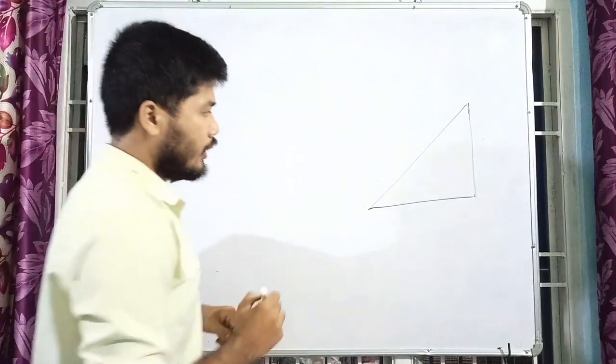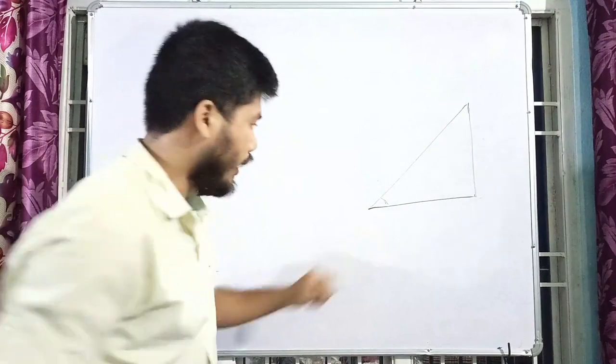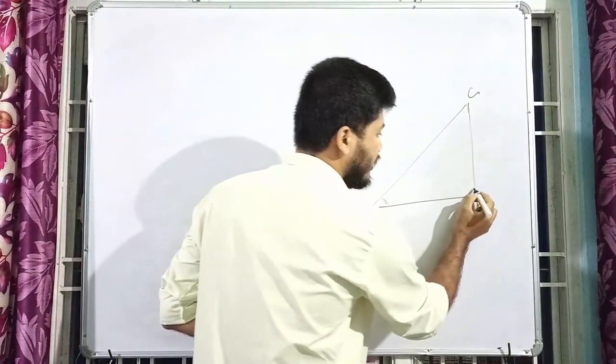Now say this is your angle A, this is B, this is C, and this is the right angle.